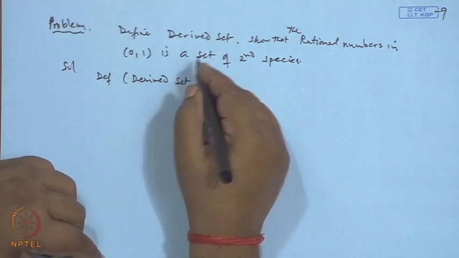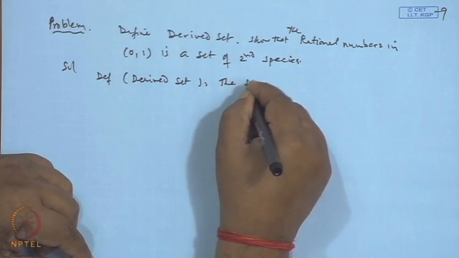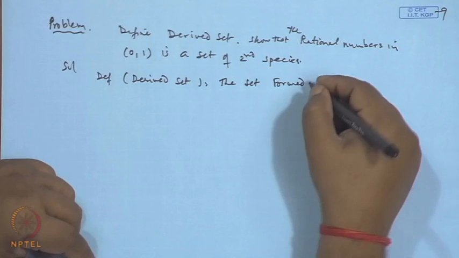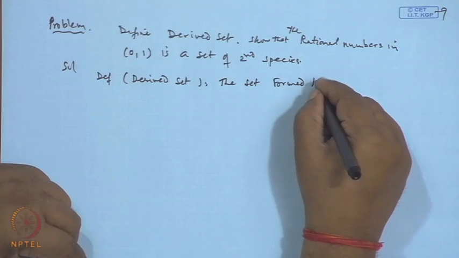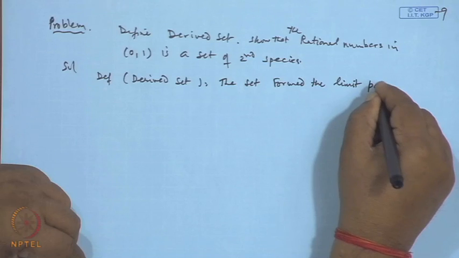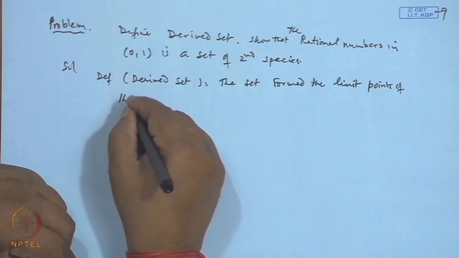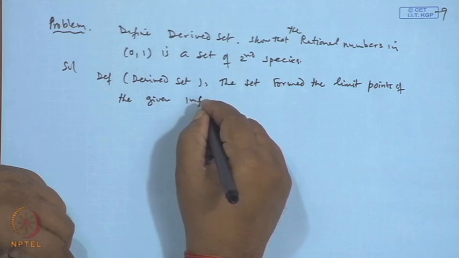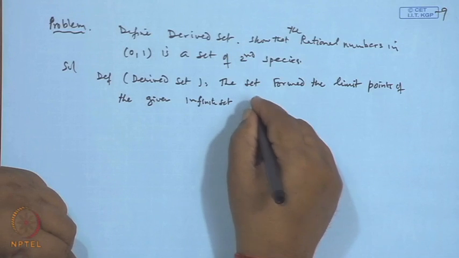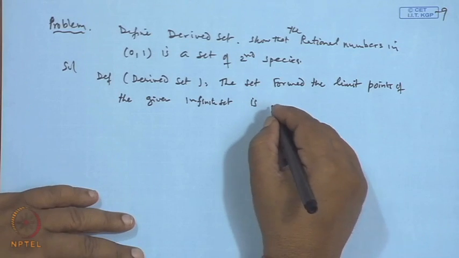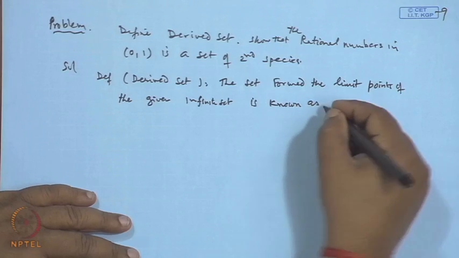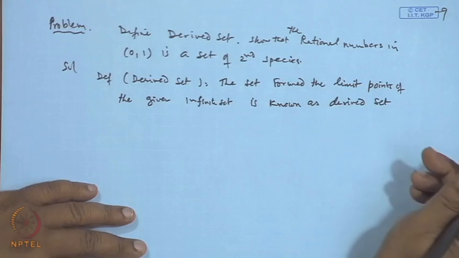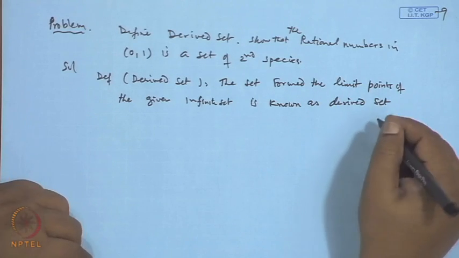The set formed by the limiting points of the given infinite set S is known as the derived set, because a finite set does not have any limit point, which we have already seen.